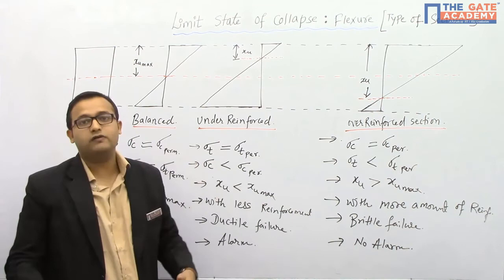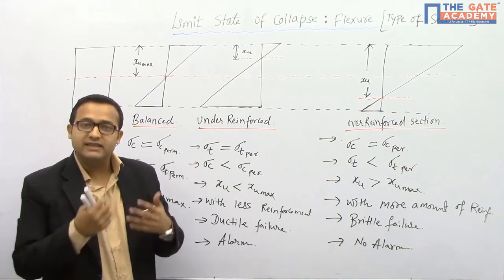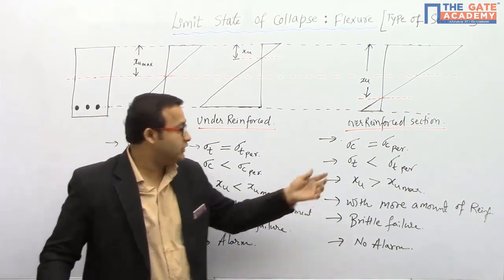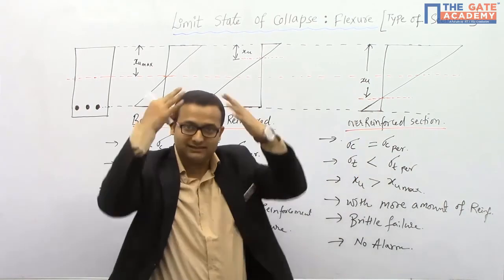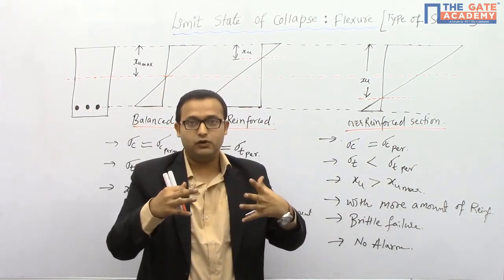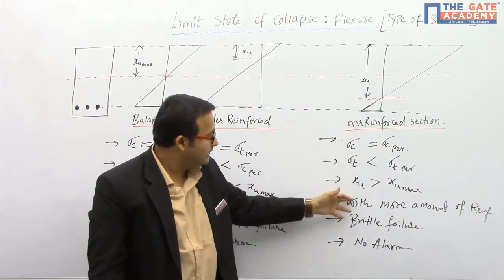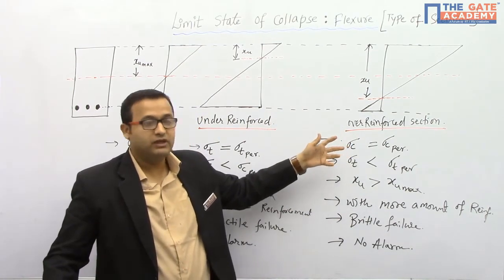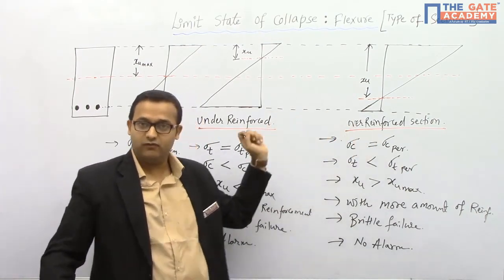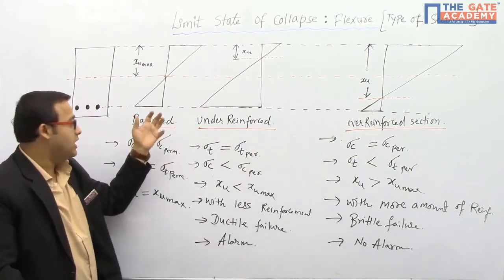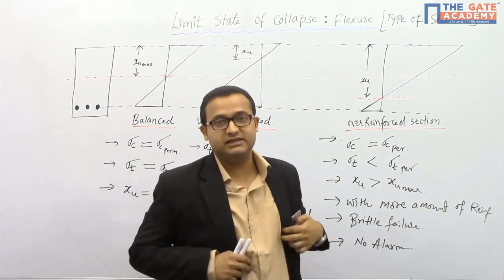This beam will not fail. There will be deflection, there will be cracking. But if the concrete fails, the structure will collapse. That is a brittle material. So it can cost a number of lives also. So we do not want over reinforced section, we want under reinforced section or balanced section. Always we try to design balanced section only.